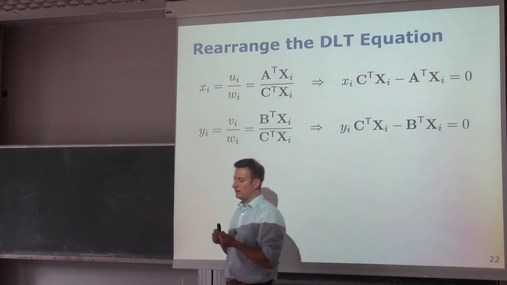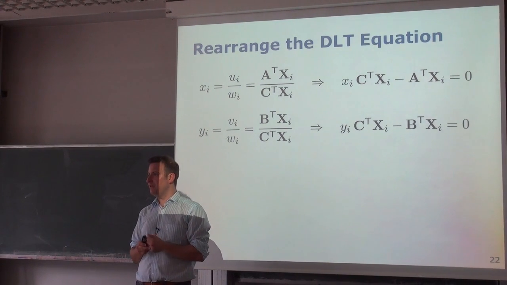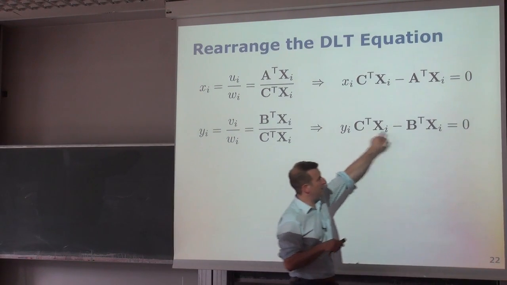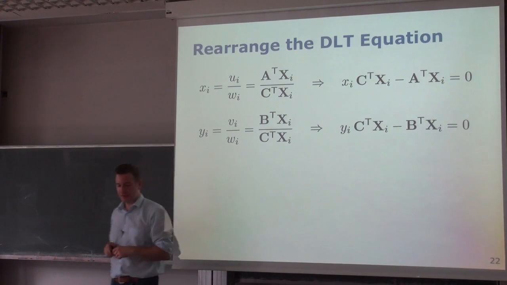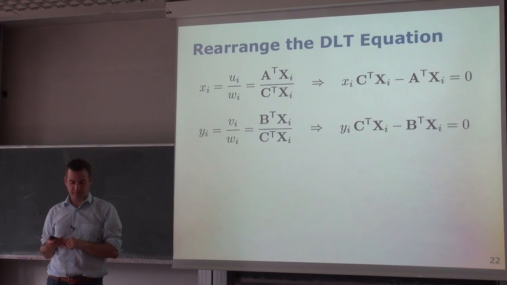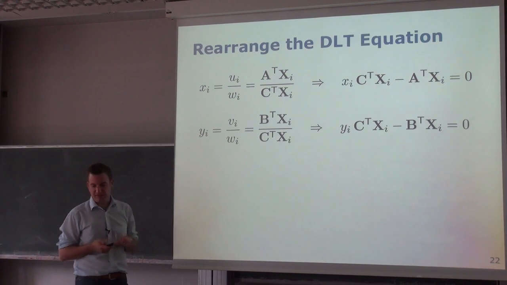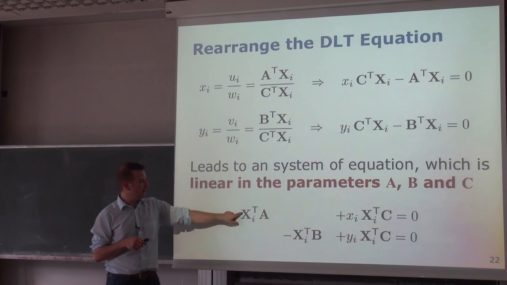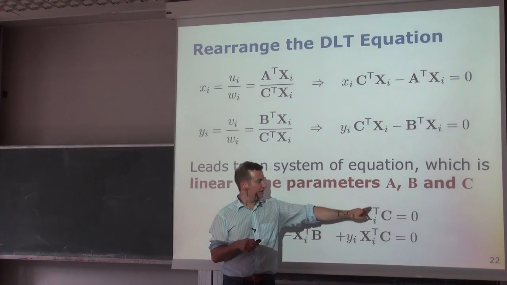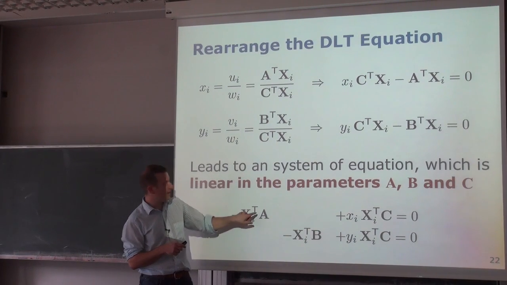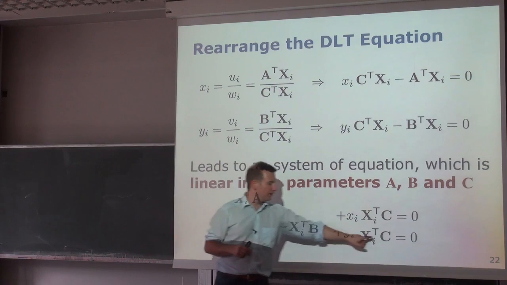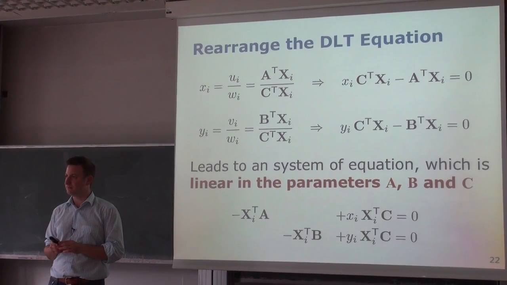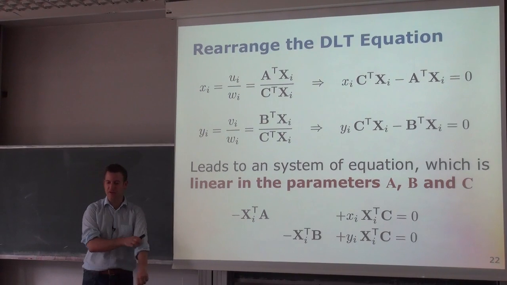What we are interested in is estimating this projection matrix P, which consists of A, B, and C. What we now have are equations, and those equations are actually linear in A, B, and C. So I can slightly rearrange those by performing the transposition, and then it's minus x transposed A plus xi x transposed C, and the same thing down here just with B. So I have my unknown parameters A, B, and C, and a system of equations which is linear in the parameters A, B, and C. Okay, so that looks good. Something that we can actually plan to exploit.